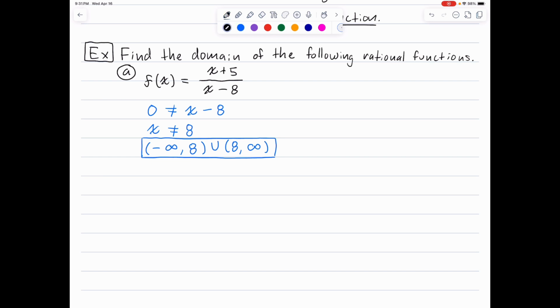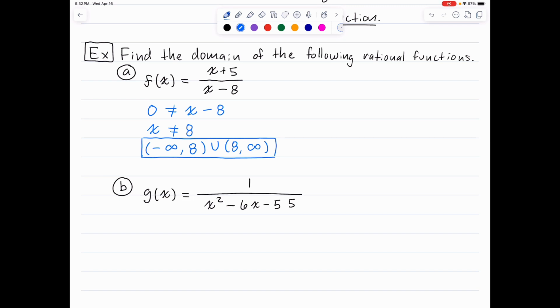Let's do part B. G of x equals 1 over x squared minus 6x minus 55.